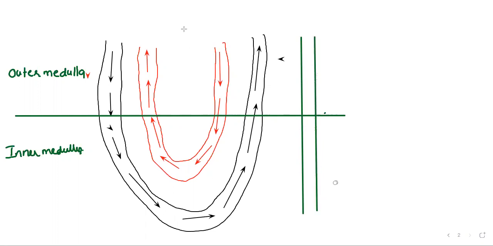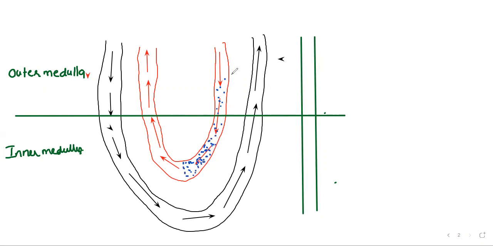Now the concentration gradient of the descending limb of vasa recta increases towards the inner medulla from the outer medulla.